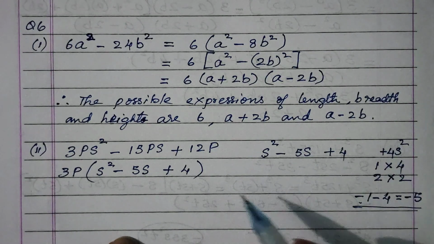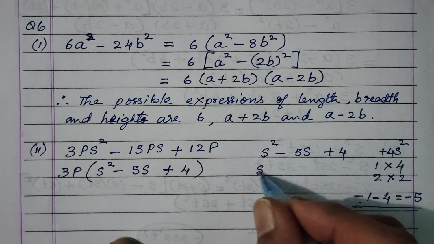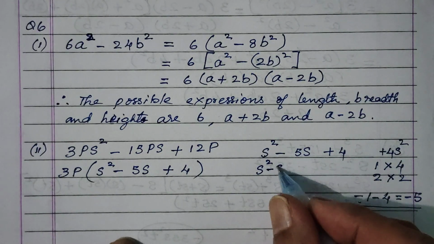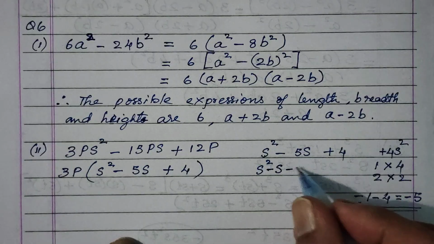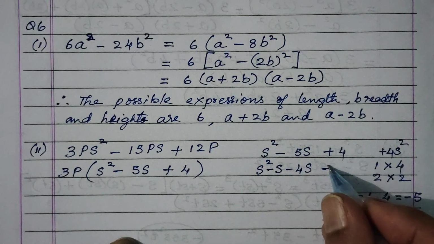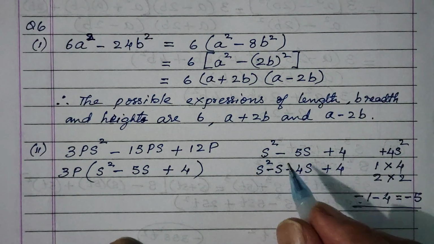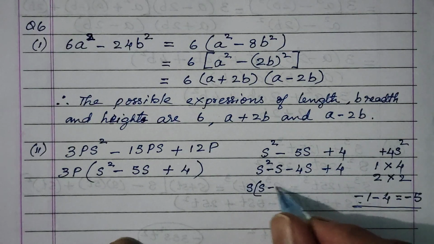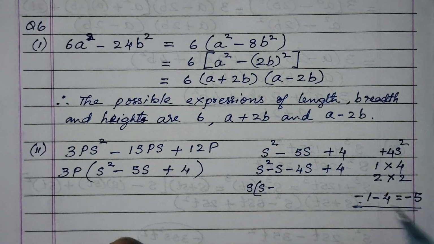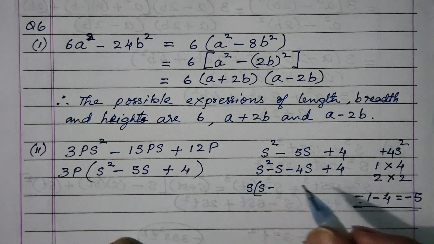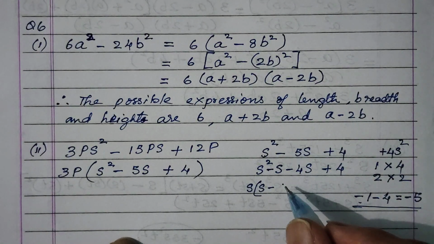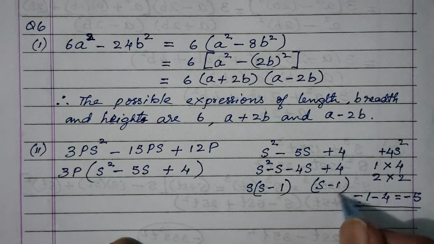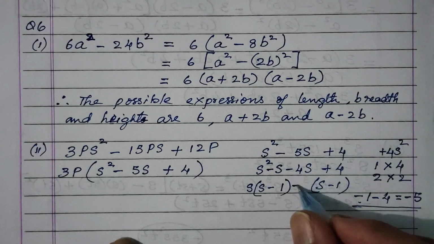So I can split the middle term here. So s square minus s minus 4s plus 4. So s is the common factor here. s into s minus 1. Here I'll fill it as minus 4.